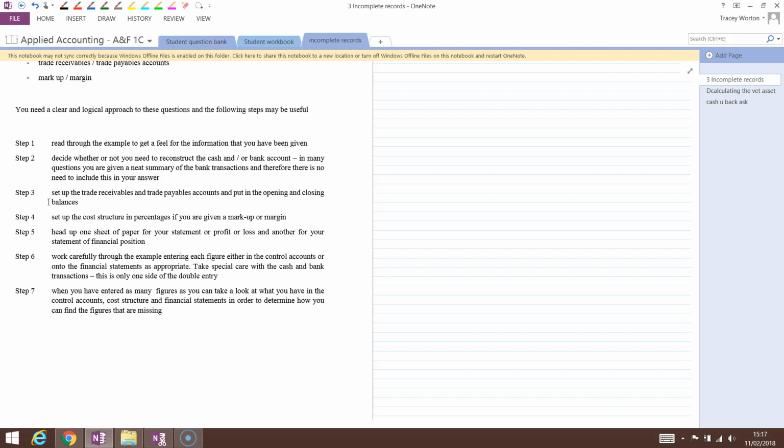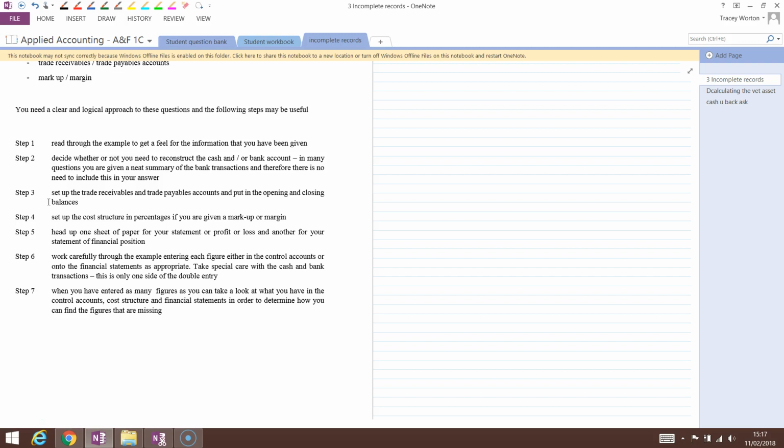Then carefully work through the example, entering each figure either into the control accounts or onto the financial statements as appropriate. Take special care with your cash and bank transactions. The summary information is only one side of the double entry, the other side isn't given in clarity.